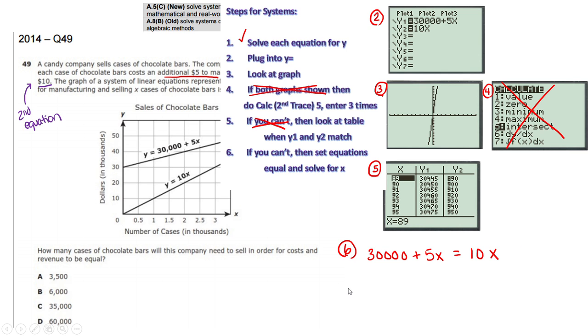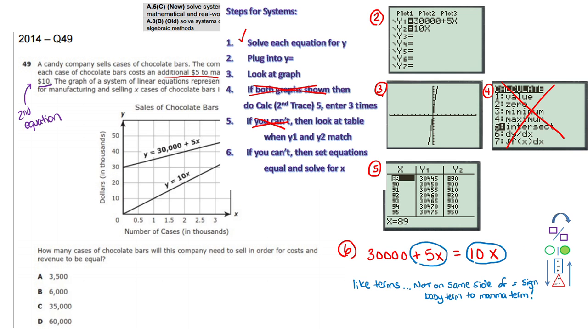We have like terms, our x's, on both sides of the equal sign. Now, they are considered like terms, but they're not on the same side of the equal sign. So this is where I say take your baby term to your mama term, which the baby term is the 5x. So I'm going to subtract 5x on both sides. If you do this, now you have 30,000 equals 5x.